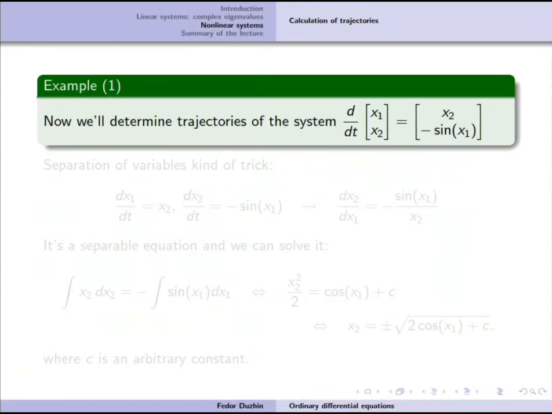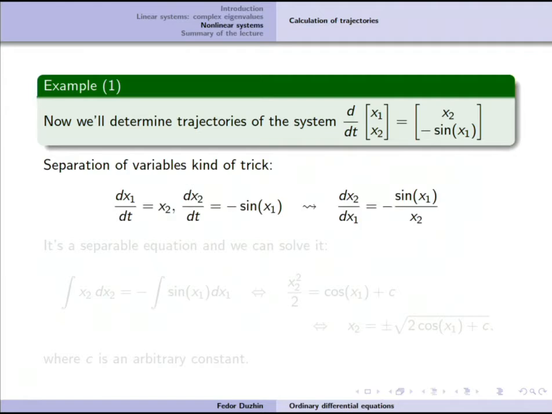In the next lecture, I'm going to explore this a little bit further, how we can extract information for a nonlinear system from information about a linear system. But now let me tell you a little trick for how we can determine trajectories of this system. The idea is that if we have two equations here, then we just divide one of them by the other one.